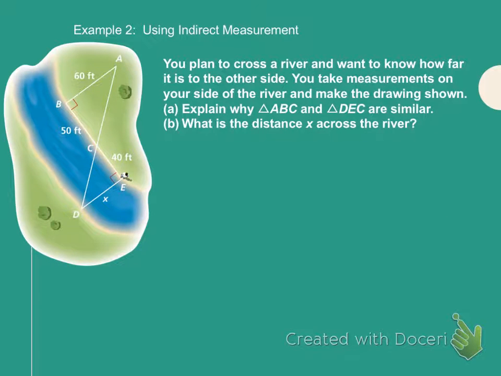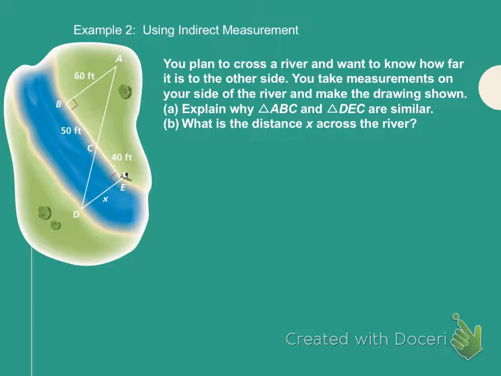So let's look at an example here using indirect measurements. Sometimes things are a little bit too big that you can't just grab a tape measure and figure out what size they are. So that's when we start using something that is called indirect measurement. They do this when they're doing excavating, or trying to measure out how big large parcels of land are. Or in this case, we're going across a river.